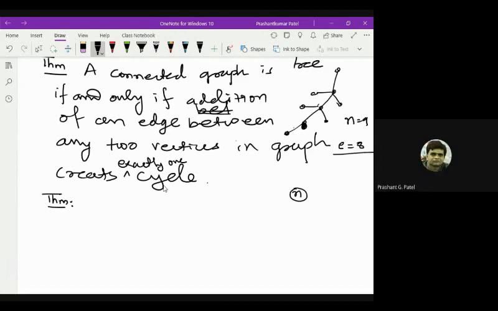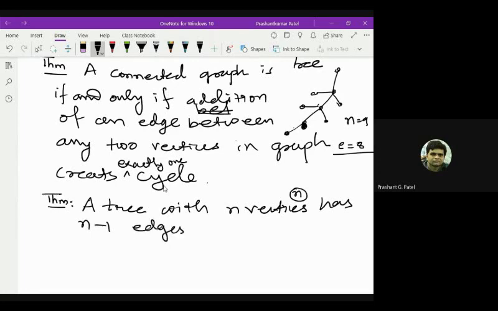Yeah, you plot any tree and count how many edges a tree has. So you are right, a tree with n vertices has n minus 1 edges.